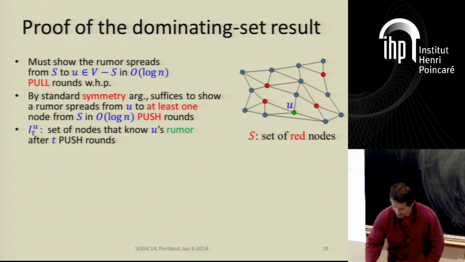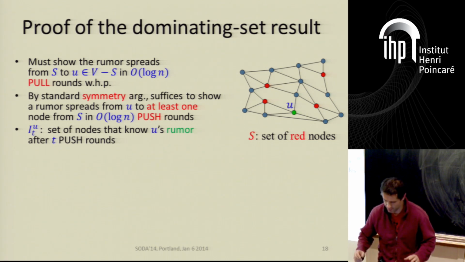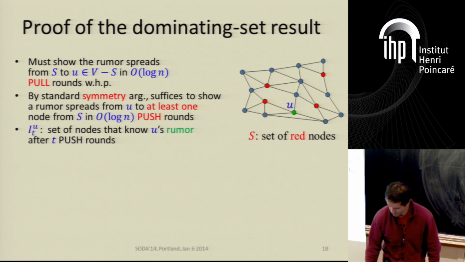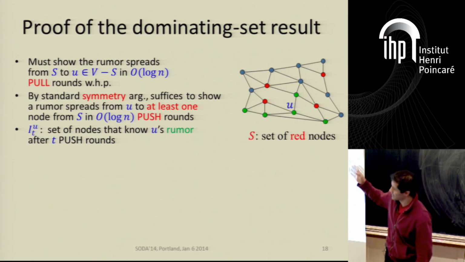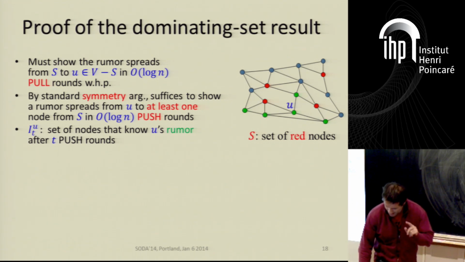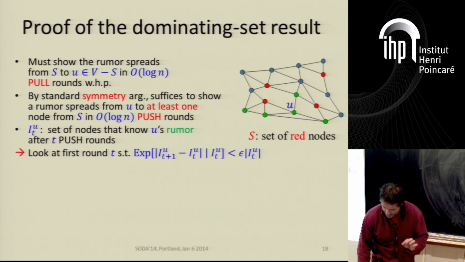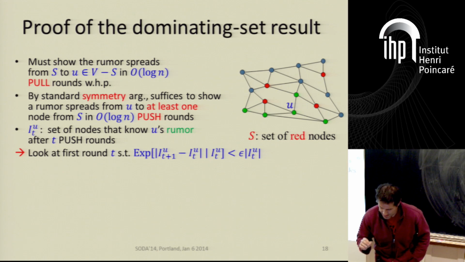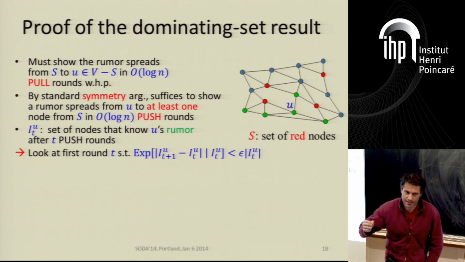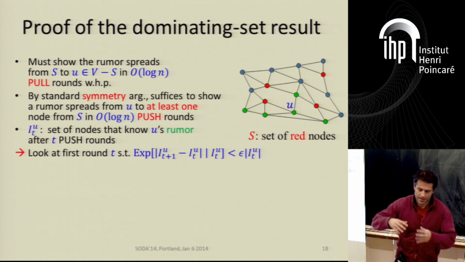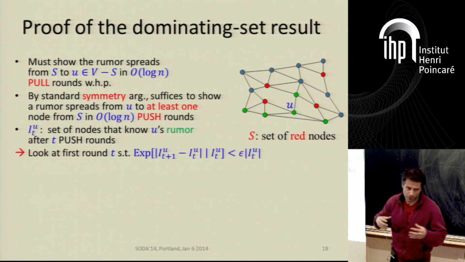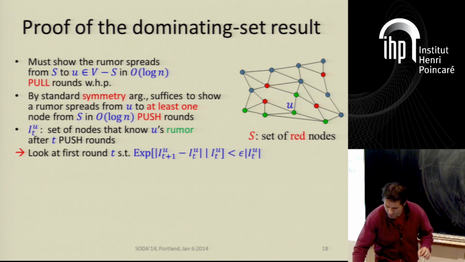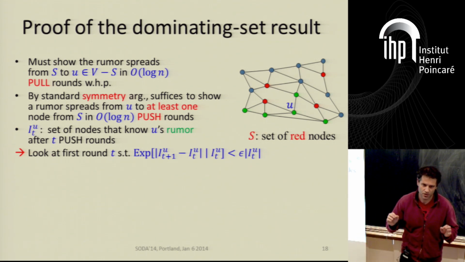So let's say I_t denotes the number of nodes that have received this green rumor within the first t rounds of push. And now the key idea in the argument. Look at the first round t such that the expected increase in this number of green nodes in the next round is less than a small constant factor epsilon.